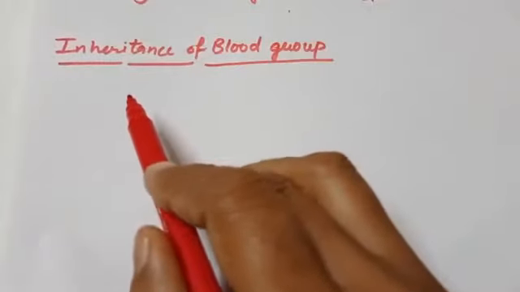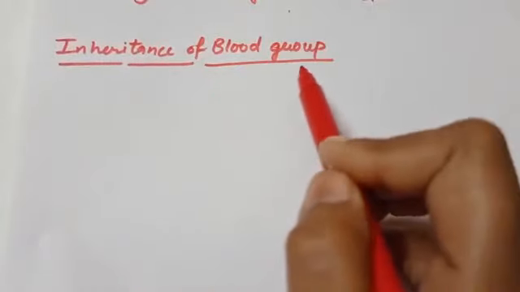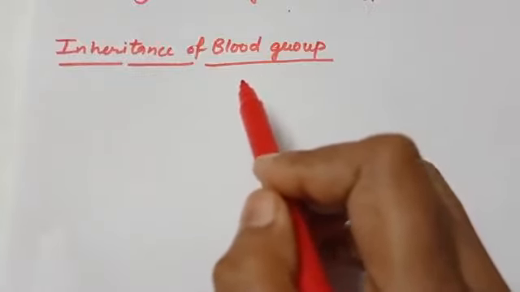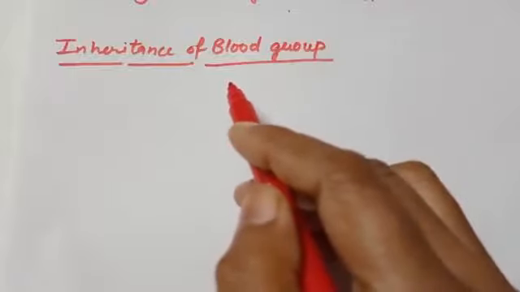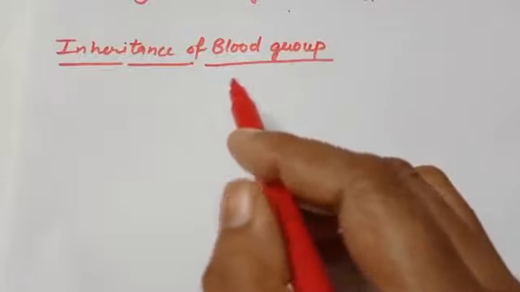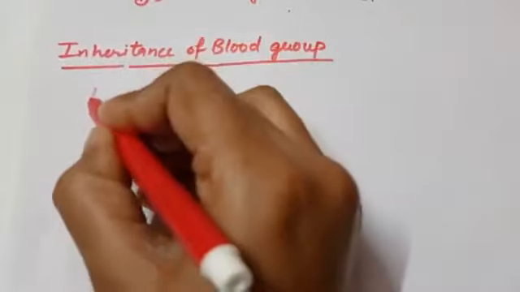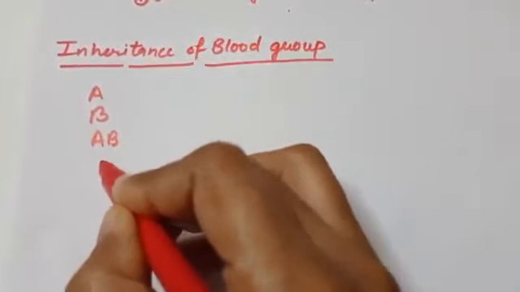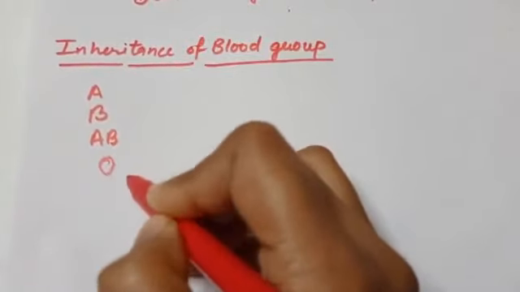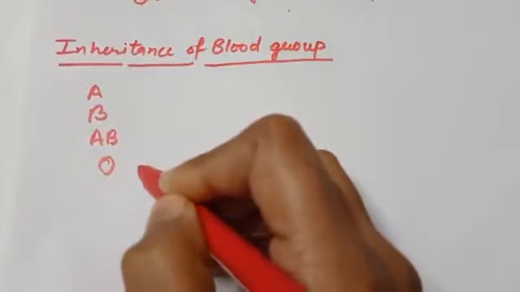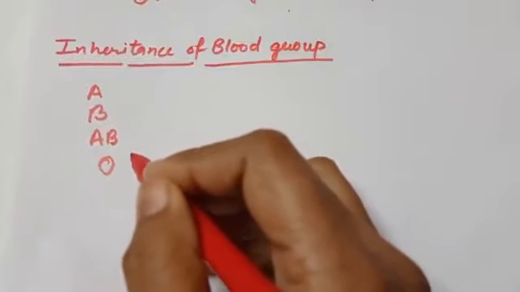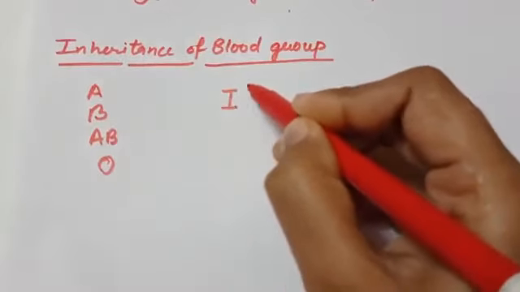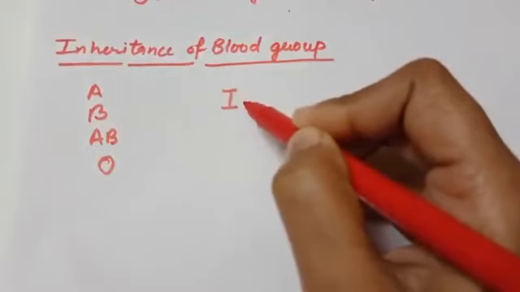Here we can also discuss the inheritance of blood group, how blood groups, which are one of the characteristics, can be expressed. A person can have any of the blood groups, and the blood groups are A, B, AB or O. Here a gene represented by I controls the blood group system.